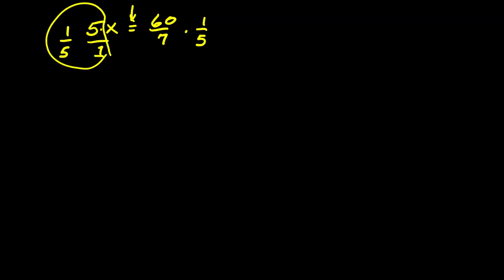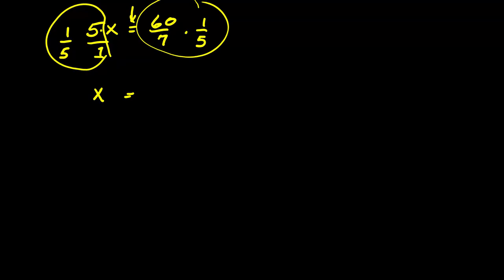This is the multiplicative inverse, and you know that's just 1. So now we have x equals, and we're multiplying these fractions on this side, multiply straight across, we'll get 60 over 35.